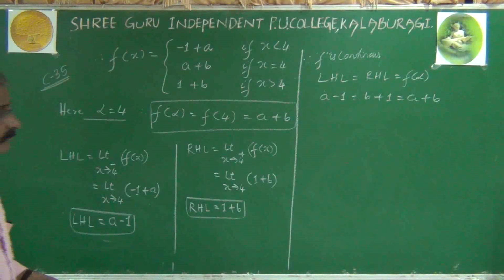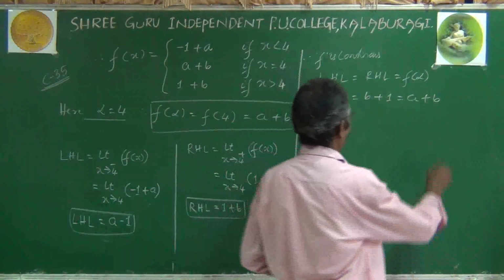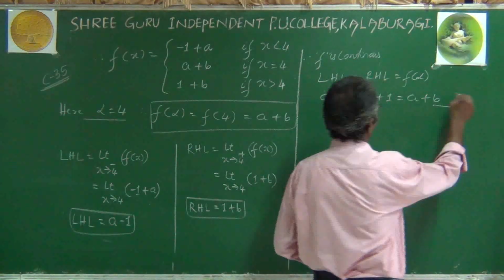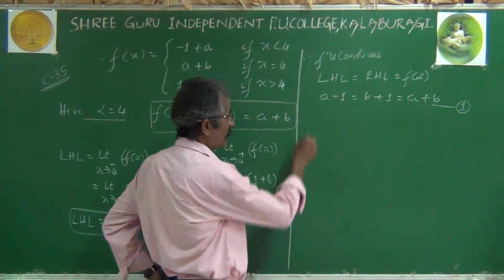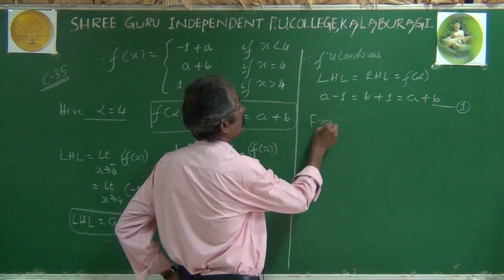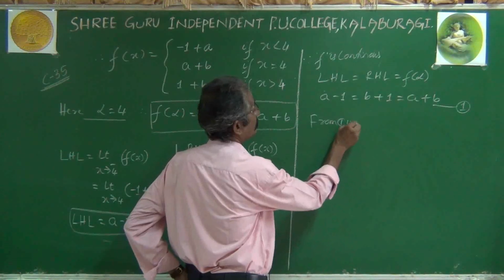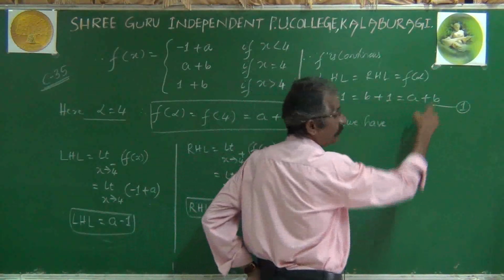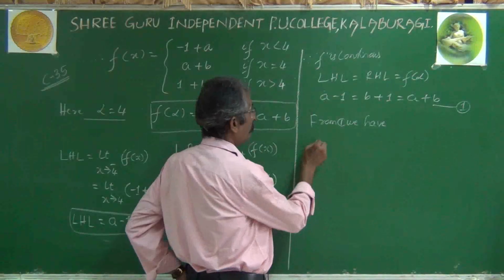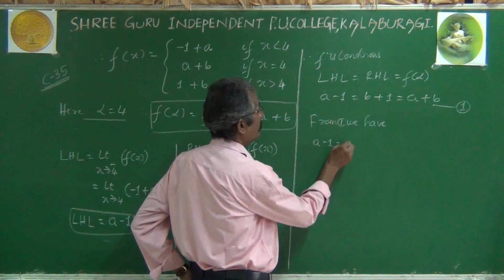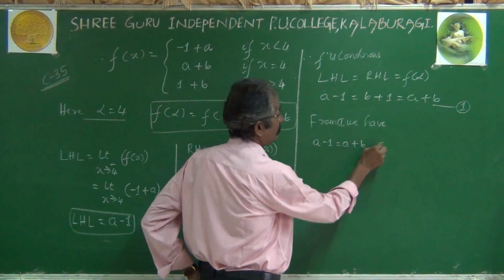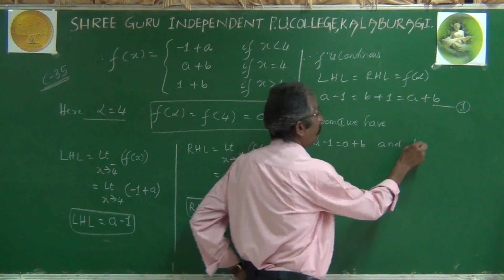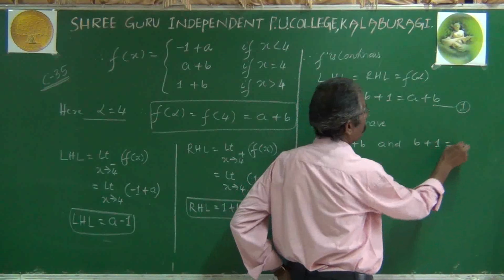Let's solve this equation for a and b. From 1, we have a minus 1 equal to a plus b, and from the same 1, b plus 1 equal to a plus b.